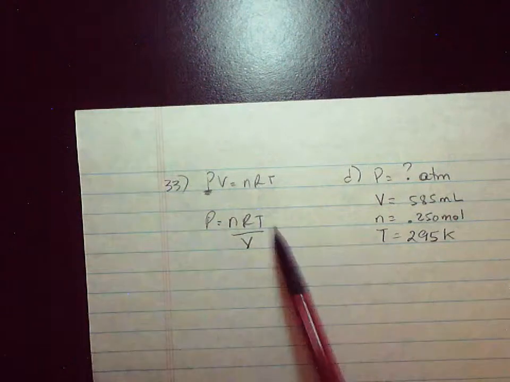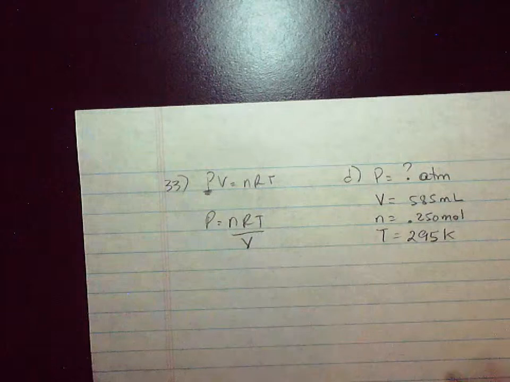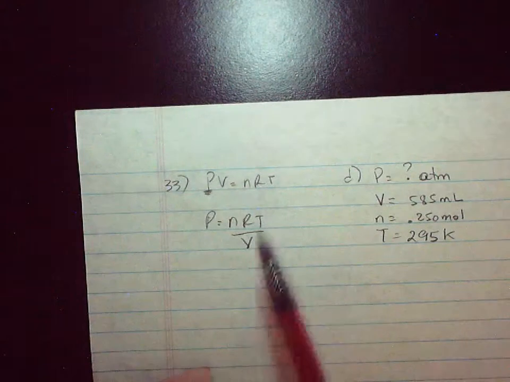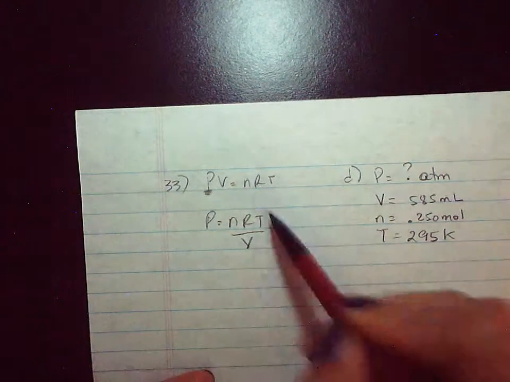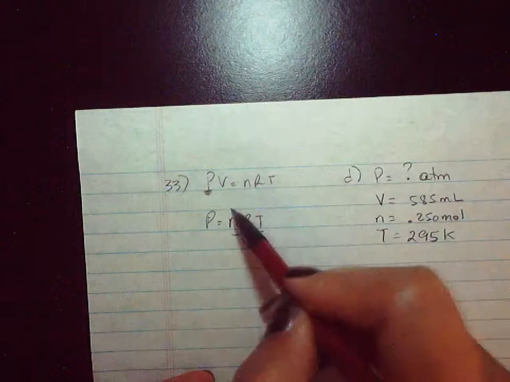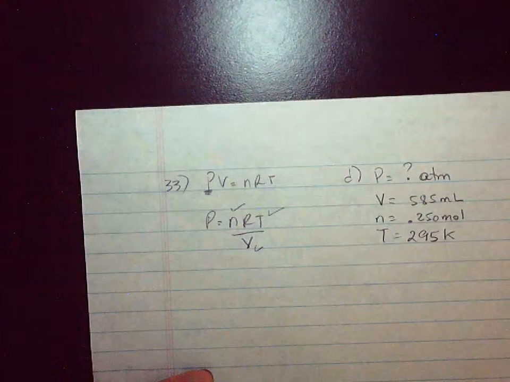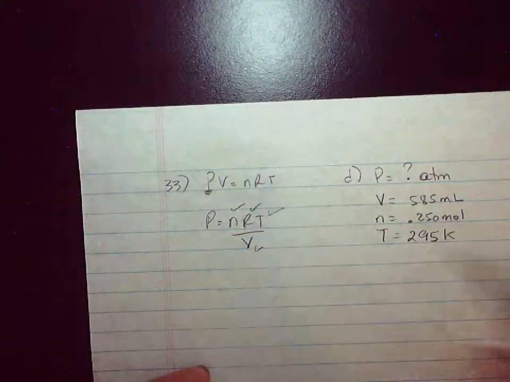All right, anyways. So I like to rearrange the equation first because it minimizes the math errors for me. But here's the deal. You know V, you know n, you know T. What about R? You know R? What is R?